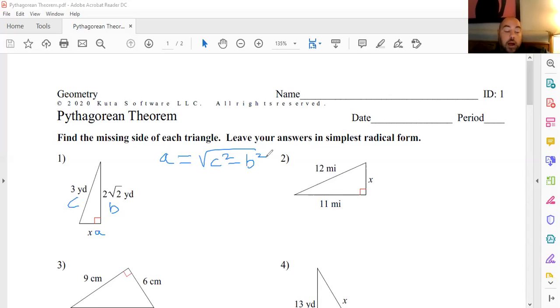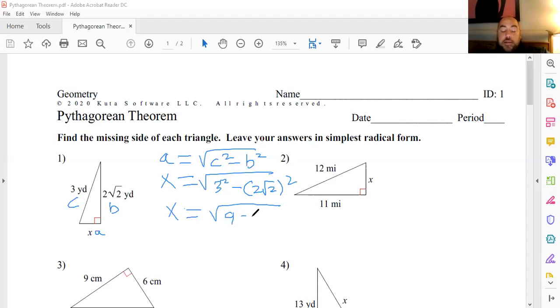So we know that x then equals the square root of 3 squared minus 2 radical 2 squared. So x equals the square root of 9 minus 2 radical 2 squared.